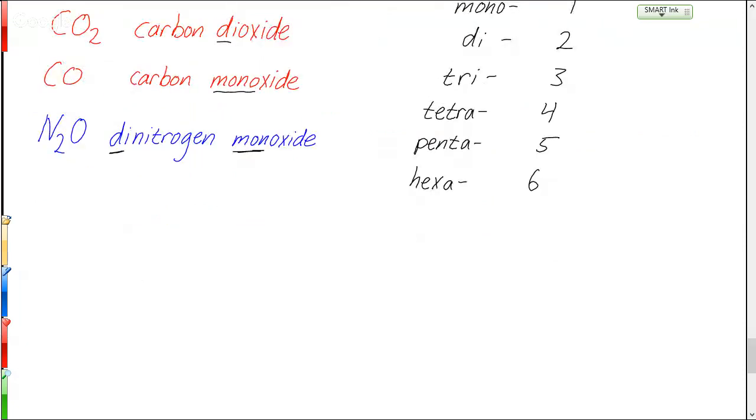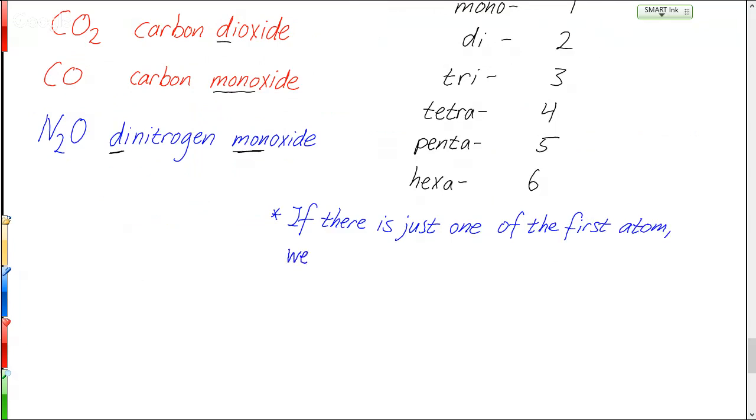The other thing that you might notice here, if you look back up at the carbon dioxide and carbon monoxide, is if there is just one of the first atom, we don't say mono.